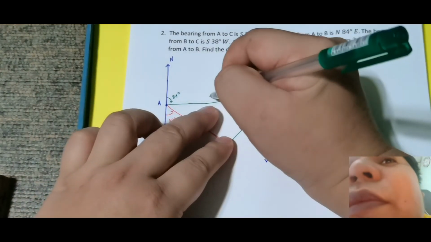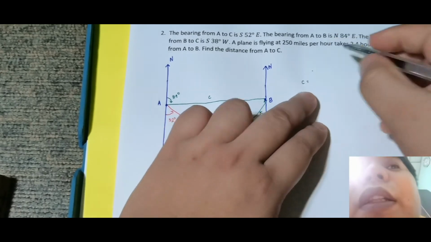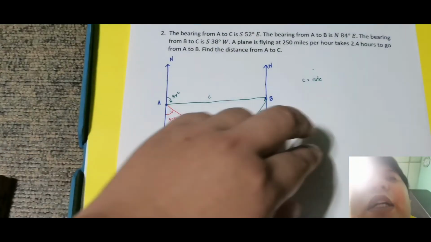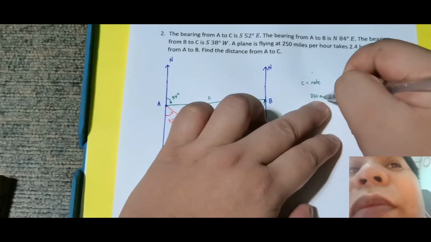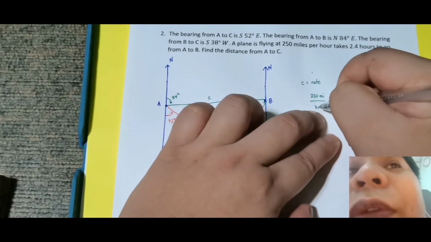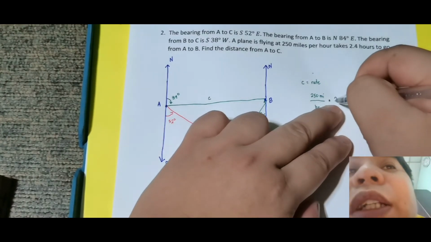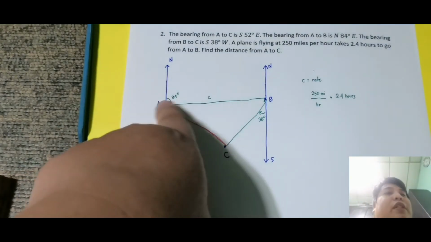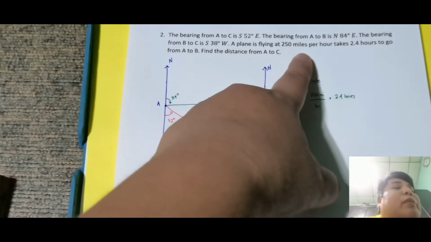Yung C na yan, siya daw ay nagta-travel sa rate na 250 miles per hour. Ngayon sabi nagte-take ng 2.4 hours. So mag-multiply ako ng 2.4 hours para makuha ko yung distance ng travel niya, kasi ito yung rate eh. So, in 2.4 hours, naka-travel na siya, 250 miles per hour siya.